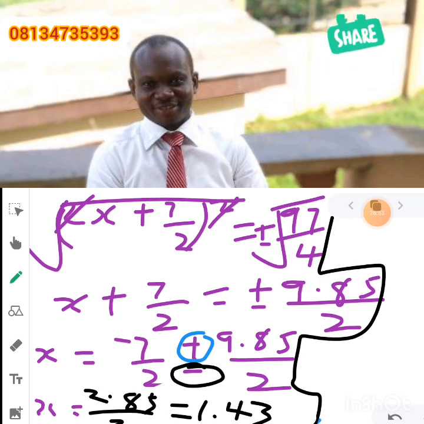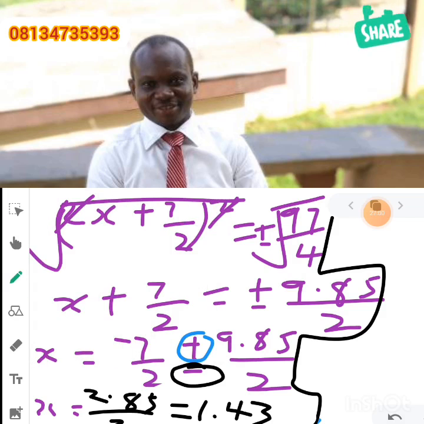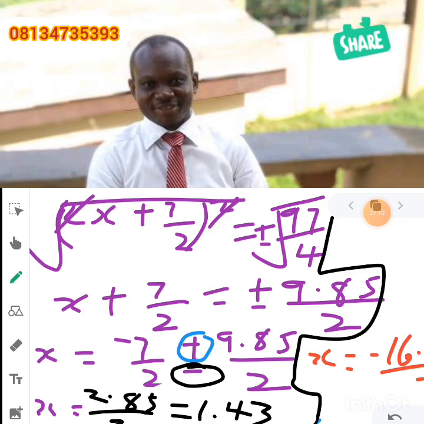Now the second one, which is when it is minus. So we have minus 7 minus 9.85 over 2, which is minus 16.85 over 2, and I think that will give us x equals minus 8.43.